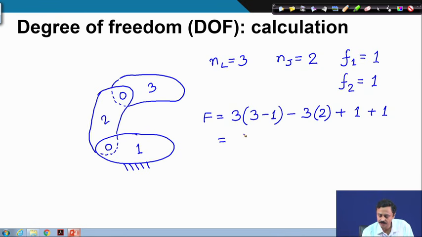Therefore, this becomes 6 minus 6 plus 2, so that is 2. So, this kinematic chain has 2 degrees of freedom.